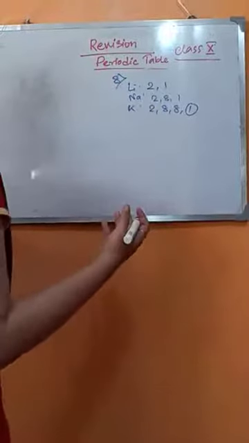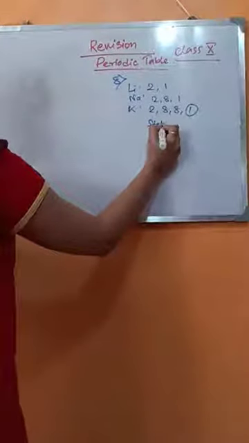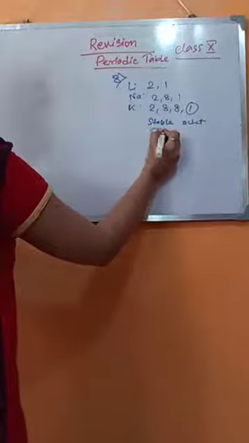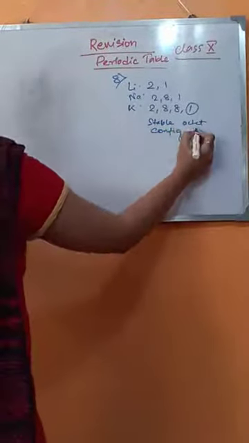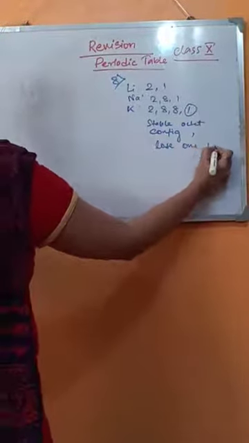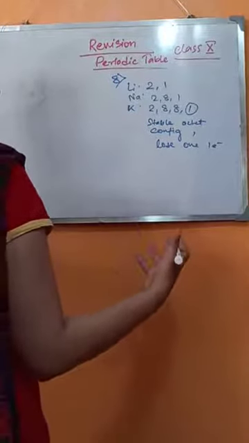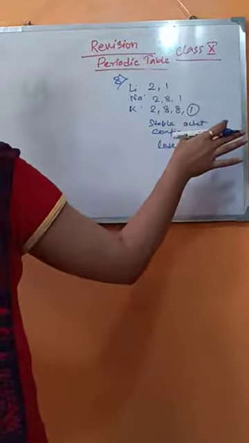So what they will want to do, in order to get the stable octet configuration, they will easily lose one electron. So while forming new compounds, what will they do? They will easily give this electron.